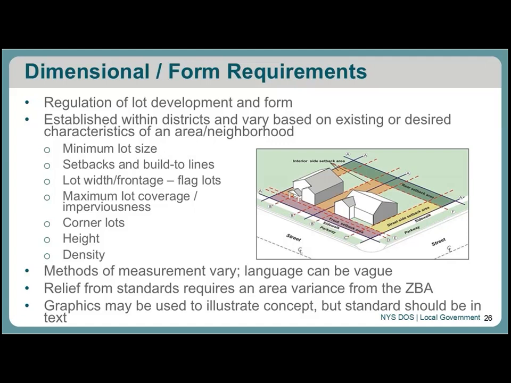But you do want to make sure that you're checking your code, because it should provide methods of measurement for anything that needs a measurement. And it might be in the definition section or written into the language itself. But if it is vague, that will be something that will be first interpreted by the zoning enforcement officer or again, the ZBA later on. And again, just be consistent and document how you came to the decision on that method of measurement.